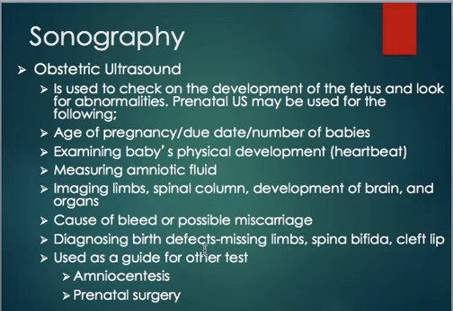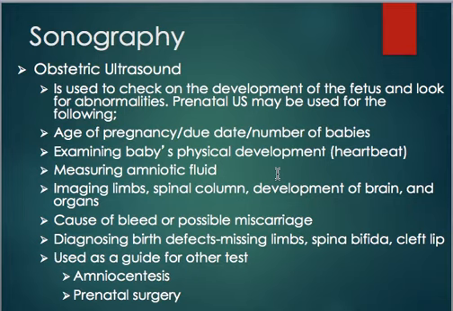They're also checking to see the number of babies. Is there only one? Are there two, three, four? They're also going to examine the baby's physical development. They're going to check for a heartbeat and see if it's regular or irregular. They're also going to measure the amniotic fluid, especially later in the pregnancy, to make sure that there's still enough amniotic fluid for the baby to make it to term.